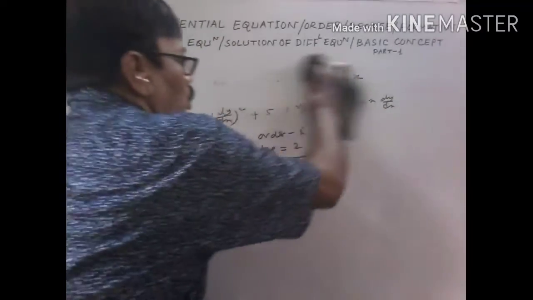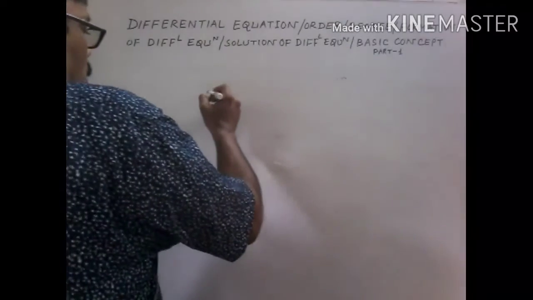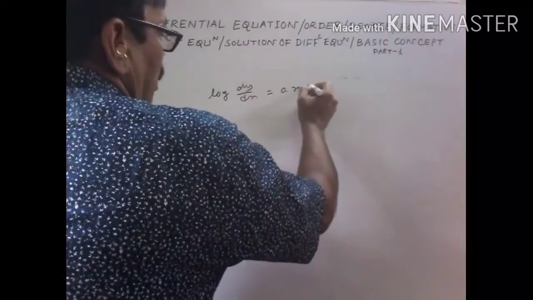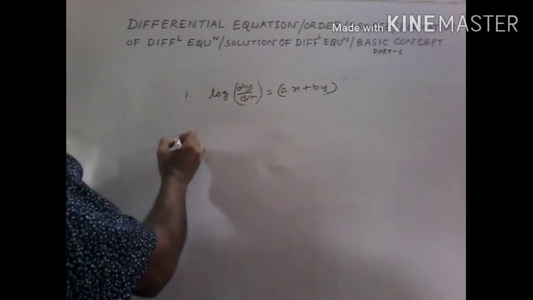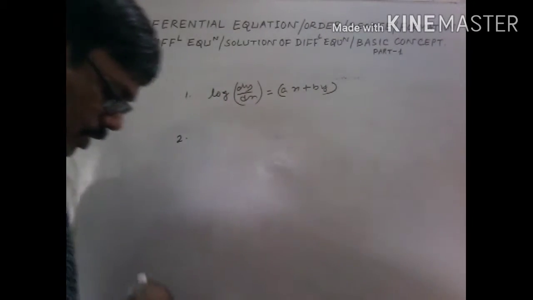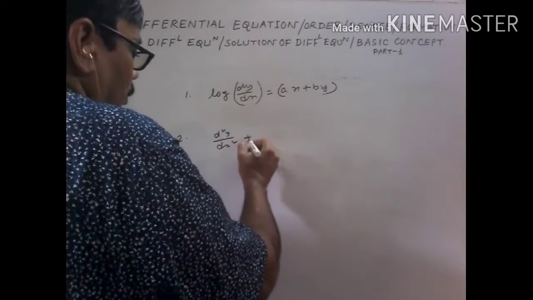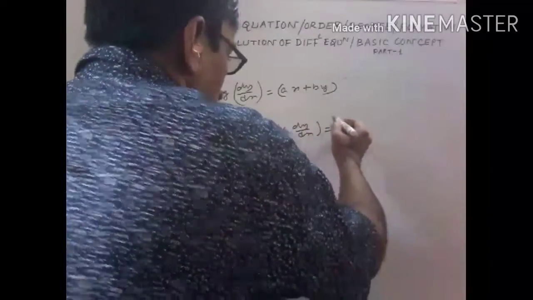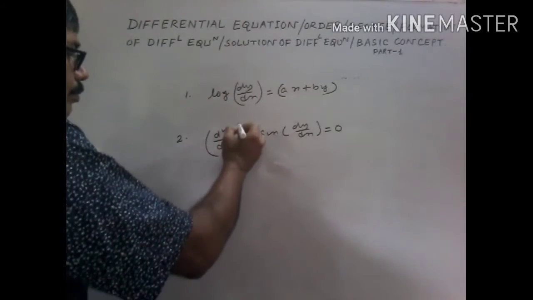Now one more problem. Number 1: log dy dx equals ax plus by. Number 2: d2y dx square plus sin dy dx equals 0, this whole square.